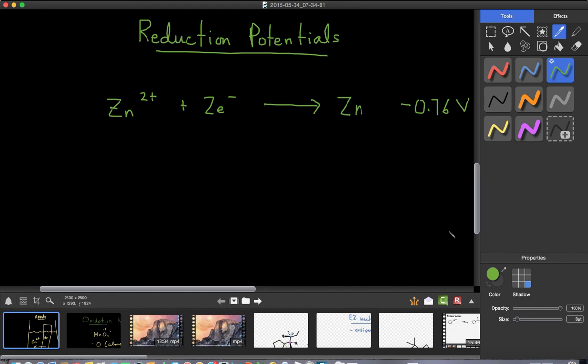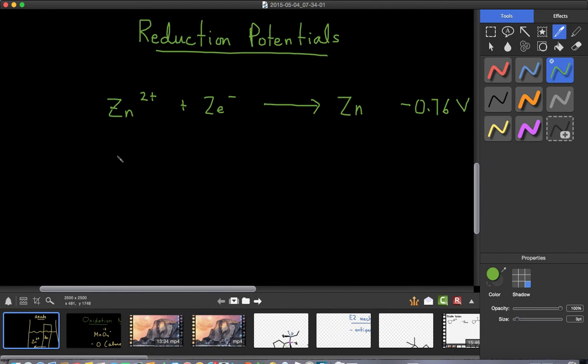We were oxidizing zinc. So what we would need to do would be to flip the equation around and change the sign with our reduction potential, and now we make it an oxidative potential.